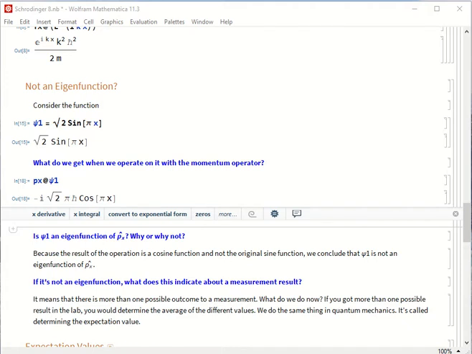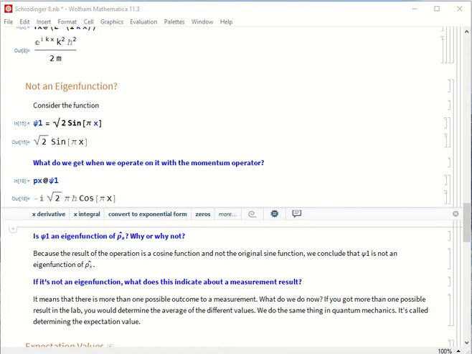So what does that mean? Well, as I explained in the last video, that means that right now we don't know what the outcome of a laboratory measurement might be, because if we have an eigenvalue, then we know if we go to the lab and measure momentum, we're going to get the eigenvalue as the result of that. But we don't have that. So what does that mean?